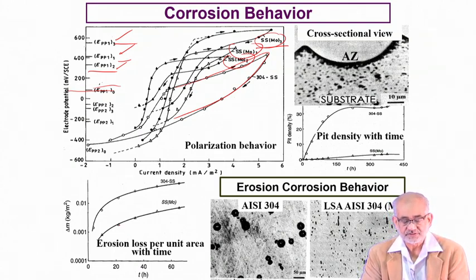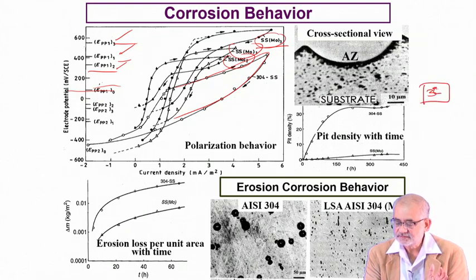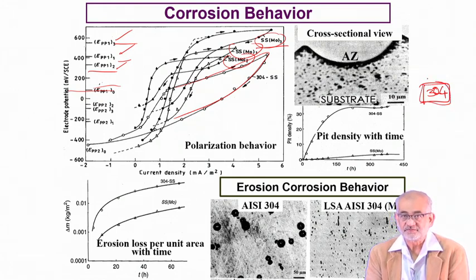Let's not worry about those things. What I'm trying to say is that if you take a 304 stainless steel, you don't necessarily alloy molybdenum into the bulk, so you consume a larger amount of an expensive alloying element like molybdenum.